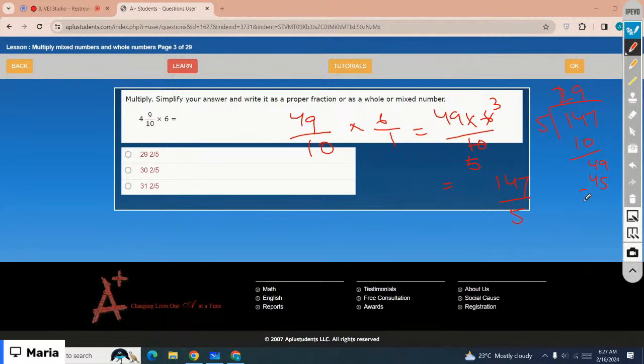Yes, I was guessing right. That is 29 whole 2 over 5. The correct option is 29 whole 2 over 5. Got it? Option number 1 is the correct option.